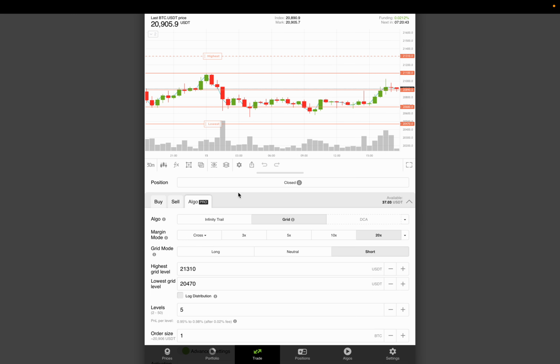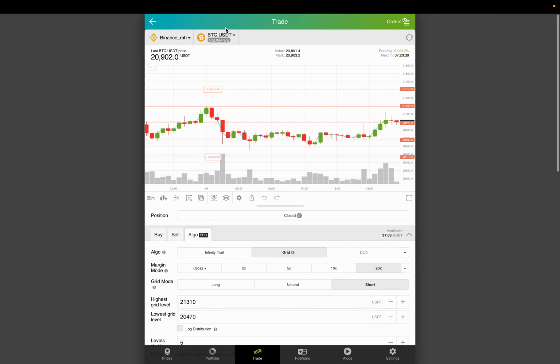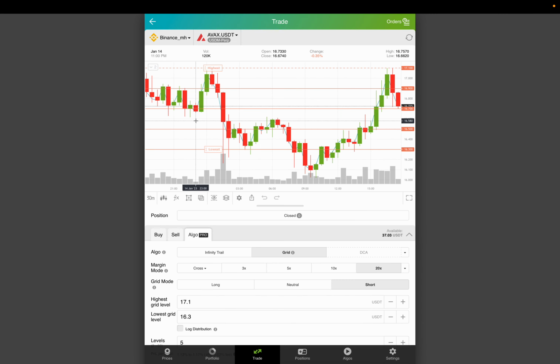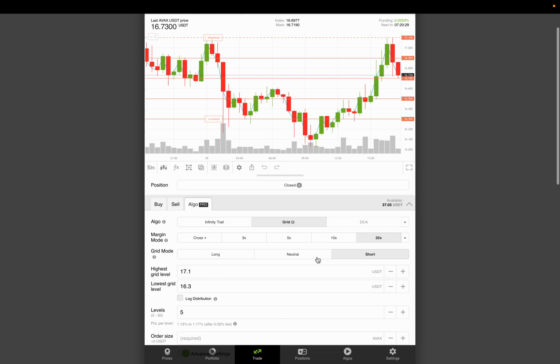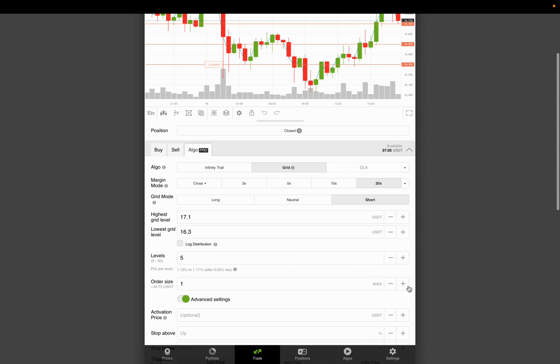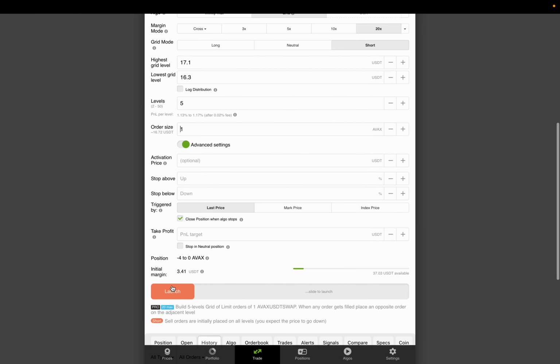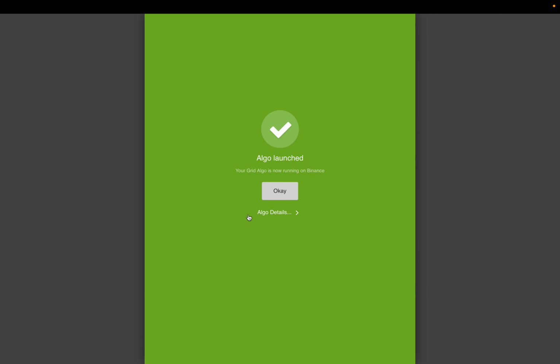Let's basically launch this short grid to make sure that it happens exactly as I'm saying. Let's choose another instrument for that where we don't have a position yet. And again, let's pick a smaller size of 1 AVAX here, right? And let's launch it and let's see what happens.